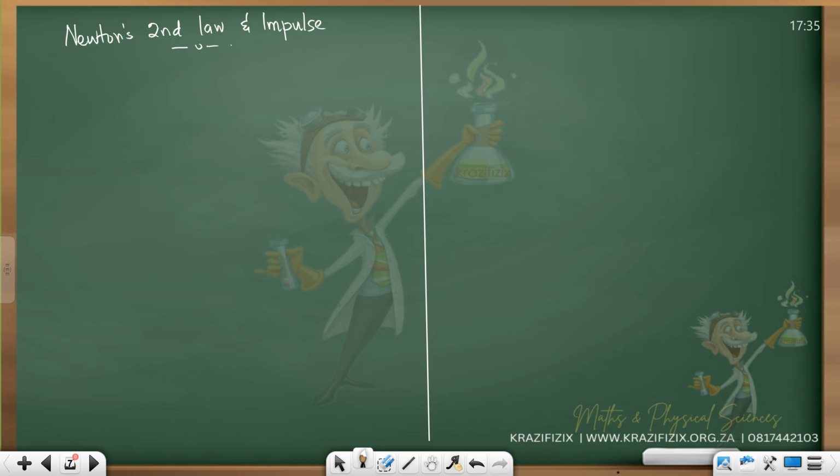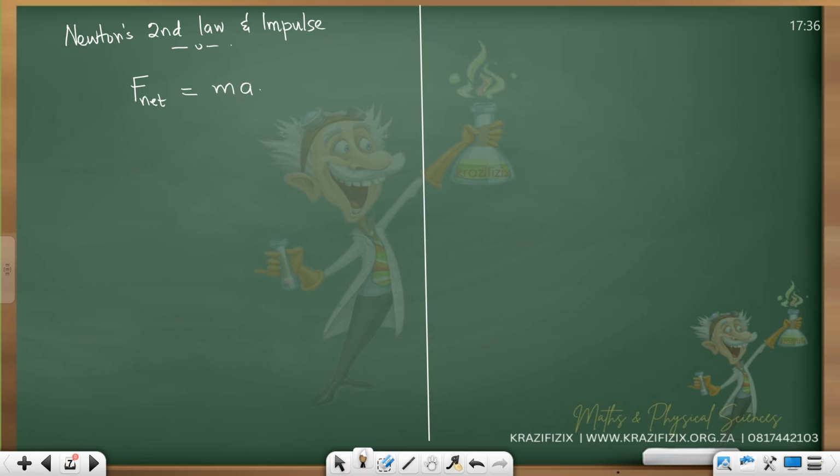Okay. So Newton's second law. I'm sure you guys remember Newton's second law, right? I'm sure you guys can state it. I'm not going to state it, but I'm going to write the formula. F net is equal to what? ma. We still remember that? F net equals ma. Please be able to state that. Now, what is a?